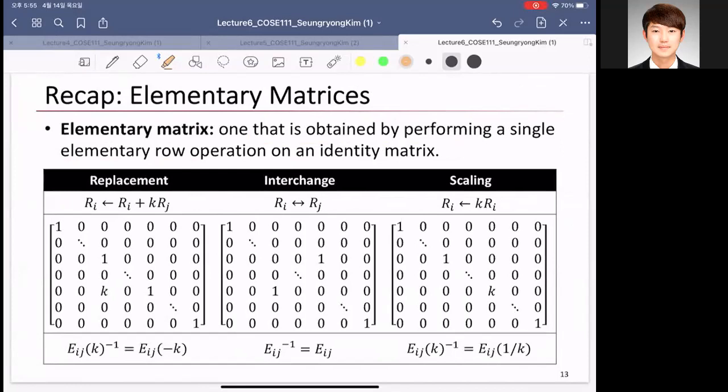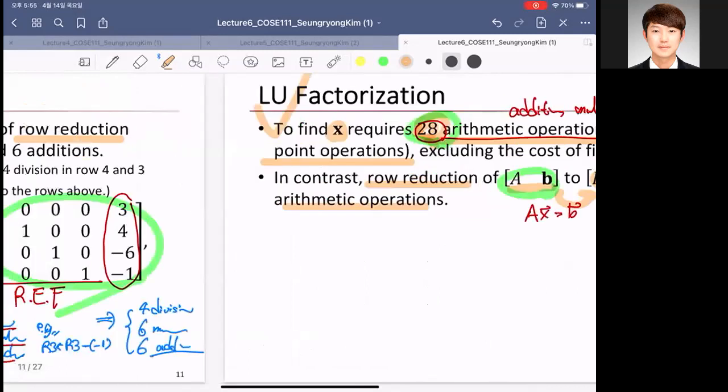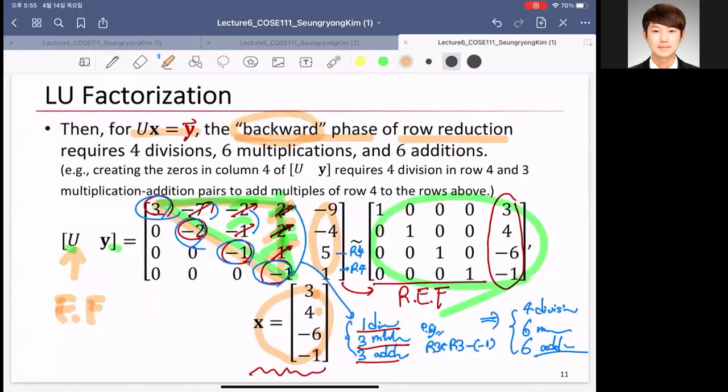I don't know why the process is called the backward phase. Right. So to understand the backward phase, you have to go back to our row reduction algorithm. Row reduction algorithm consists of the forward phase and backward phase. So in the backward phase, we just consider this kind of matrix, right?